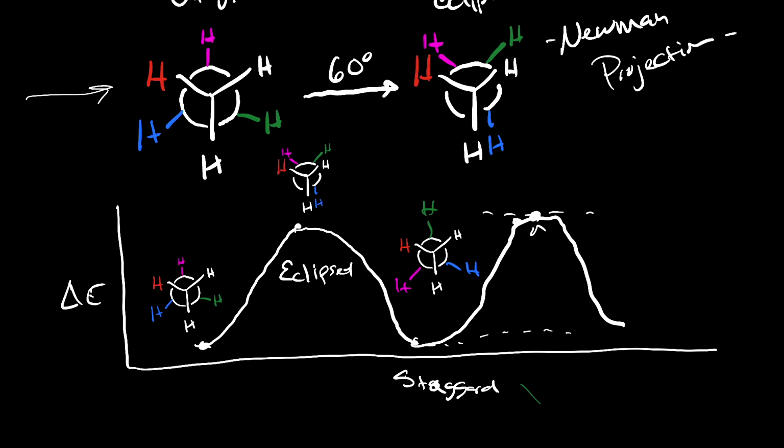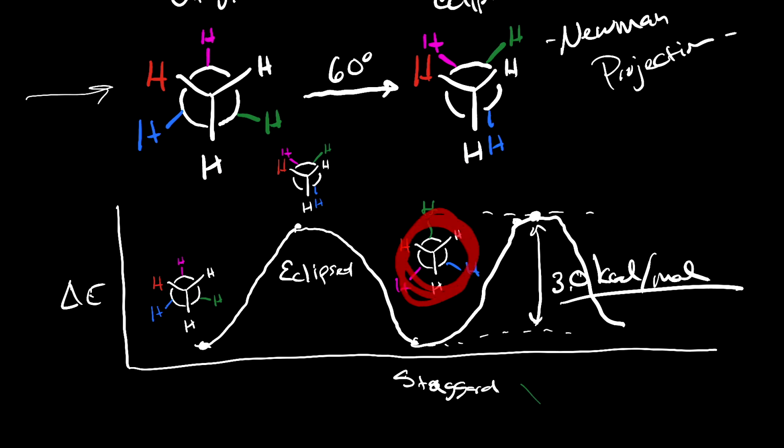And that peak, the energetic difference here is 3.0 kcals per mole, all right? And that energy is totally surmountable at room temperature. You have enough thermal energy in the surrounding environment to allow this rotation to occur rapidly, and it's constantly rotating. It's an easy barrier to overcome.